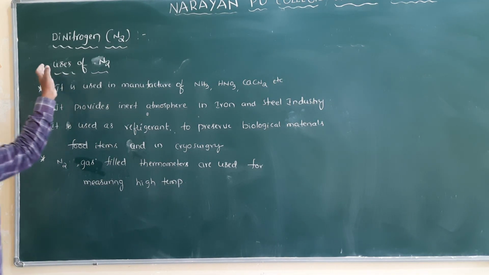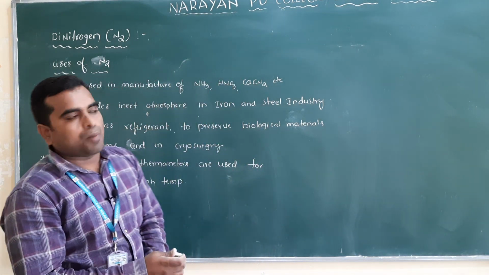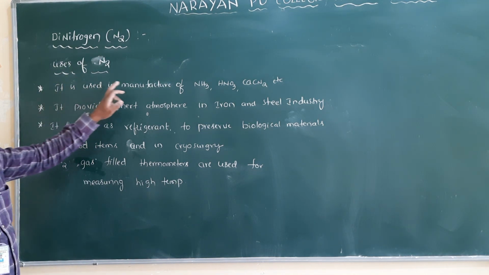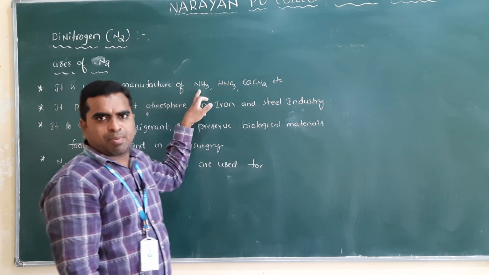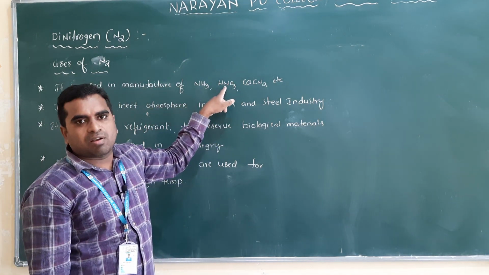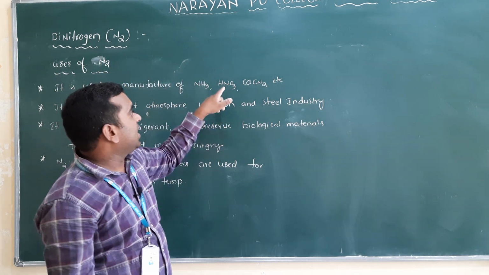So we have completed the preparation of dinitrogen, physical properties and chemical properties, and the final one is uses of dinitrogen. Clear? It is used in the manufacture of ammonia by the Haber process, which I already mentioned, and we will discuss in the coming classes how to prepare nitric acid using dinitrogen.